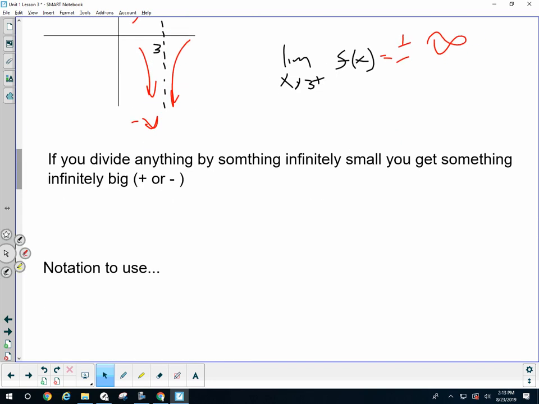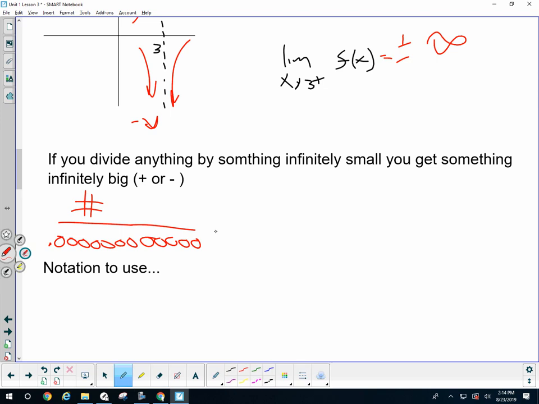Why do we have a vertical asymptote at a number divided by 0? It's because of this fact. If I divide anything by something infinitely small, what happens if I keep adding zeros to this fraction?